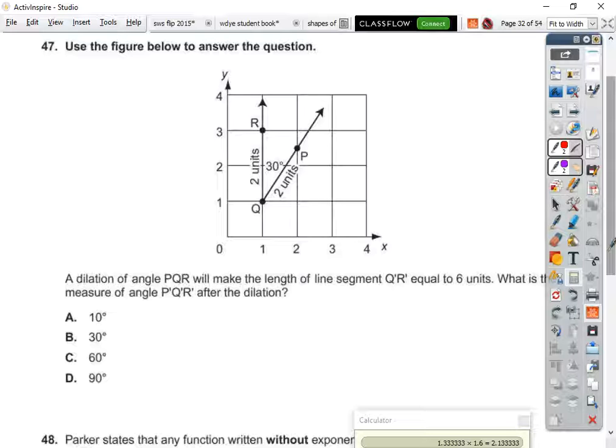What is the measure of angle P prime, Q prime, R prime after the dilation? Well, here's the thing, folks. You know a dilation is going to give you a similar figure, and similar figures all have the same angle measurements, or else they wouldn't be similar. So that would not change the angle at all.